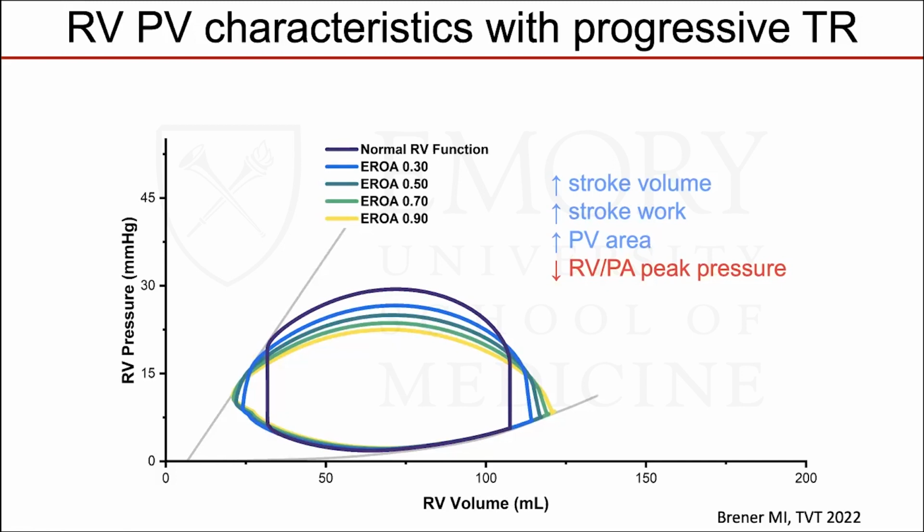So if you look at a normal RV, how does it respond to progressive tricuspid regurgitation? You can see that the stroke volume and stroke work increase, and so does the PV loop, the total pressure volume area, which means to get the same stroke volume, you are expending more energy if you introduce tricuspid regurgitation.